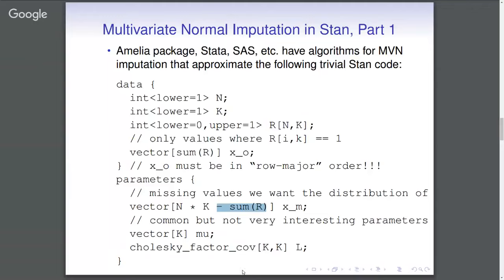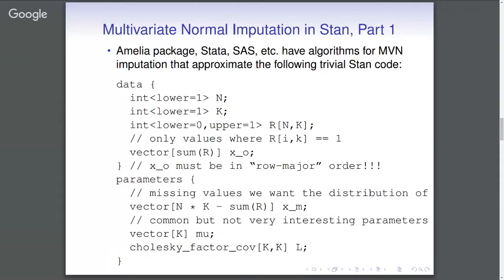Together they have length N times K. Then we have parameters that go into this multivariate normal, a mean vector mu, and a Cholesky factor of a covariance matrix L. And we're going to estimate mu, L, and XM all at the same time. Questions so far?